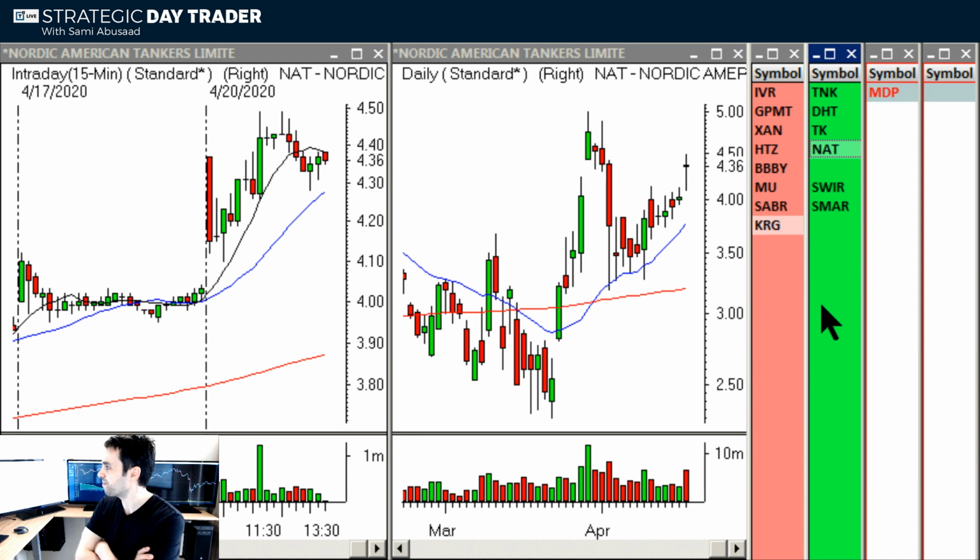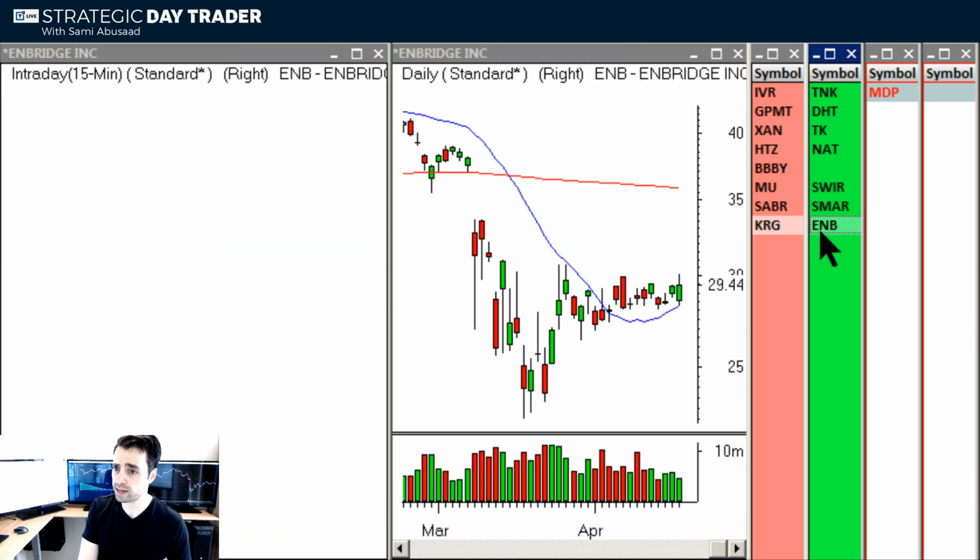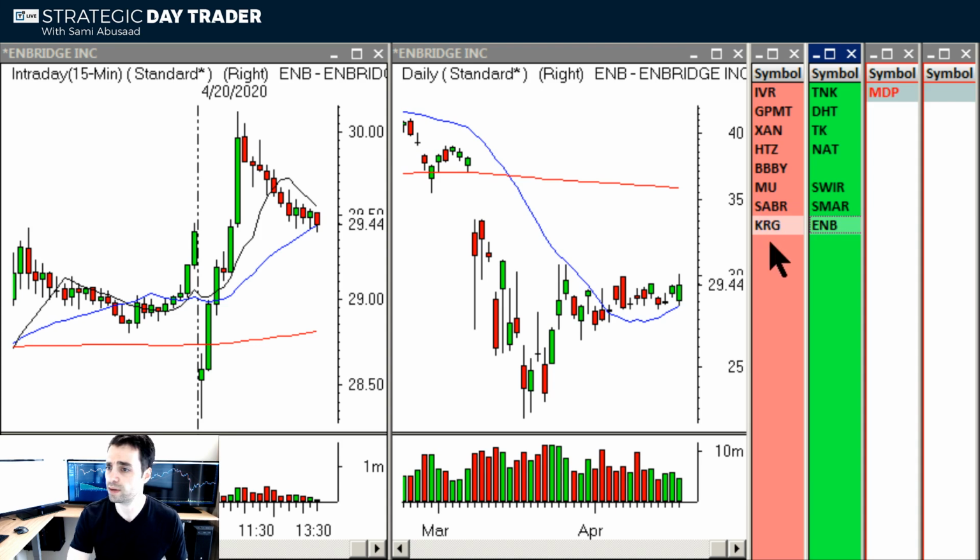Okay, so looking at the oil stocks actually, to see if there's anything good in the oil sector. A lot of stocks have moved a lot in oil, but they're mostly, you know, the pullbacks are too deep. ENB has a pullback, a buy setup.